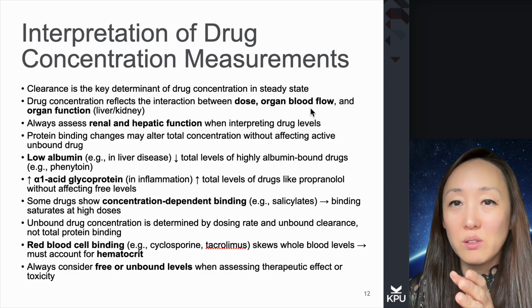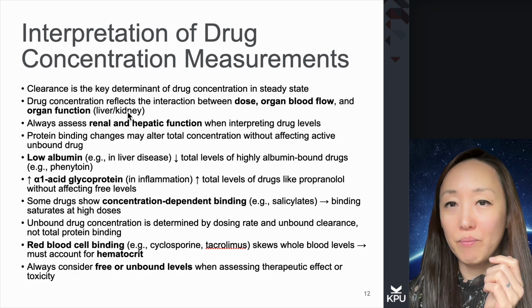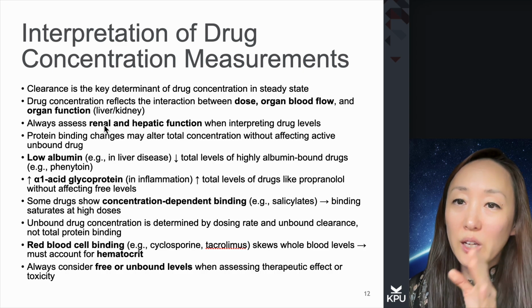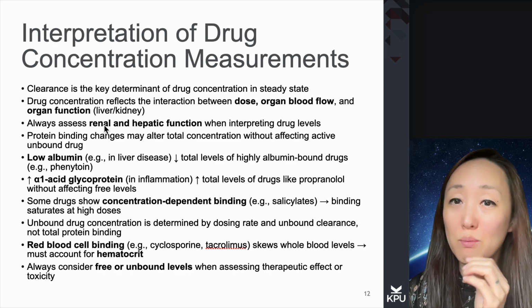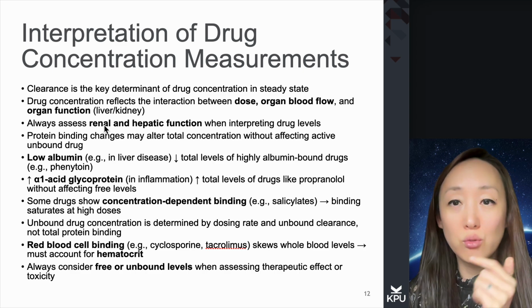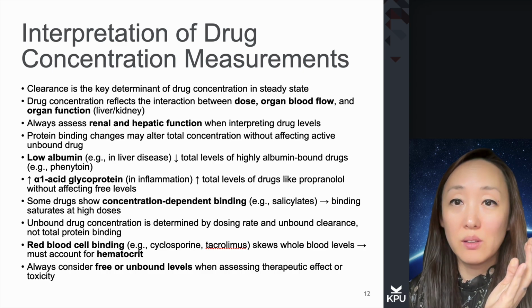And of course, the functional capacity of the liver and the kidney. So in renal failure, the clearance of drugs like vancomycin would be reduced, meaning that your drug level staying in your system would rise.